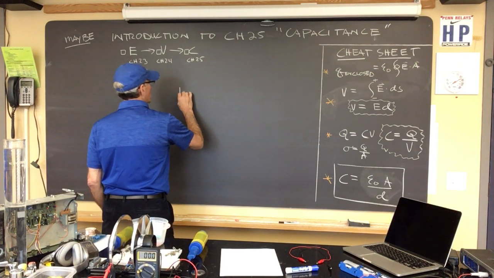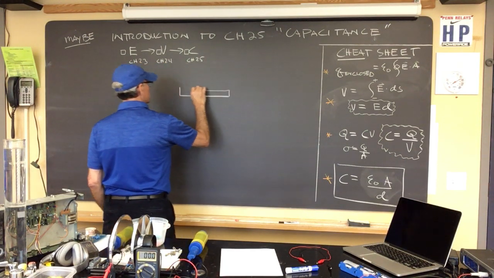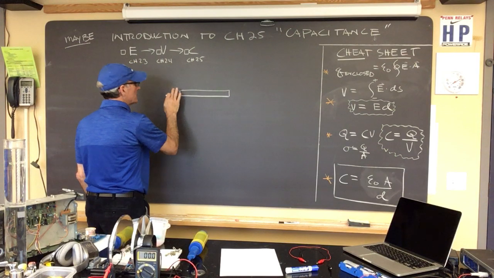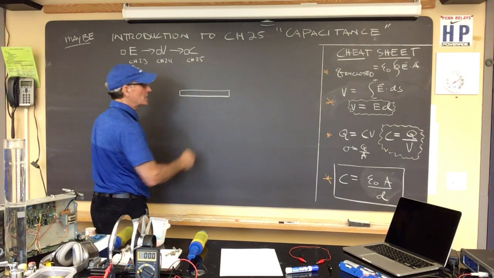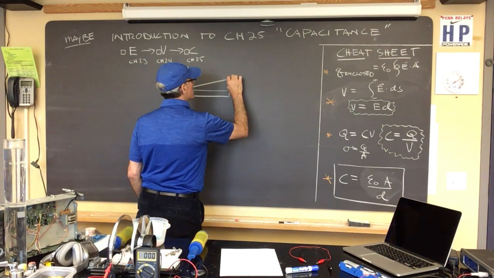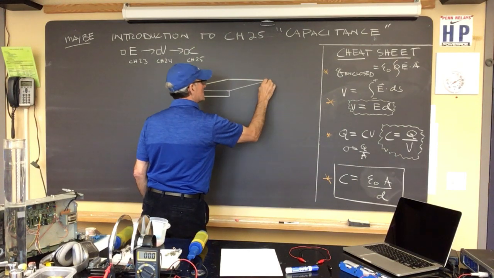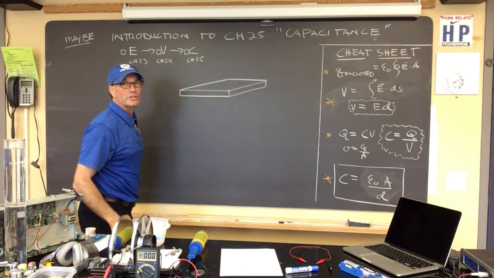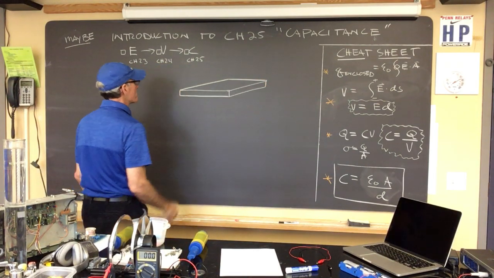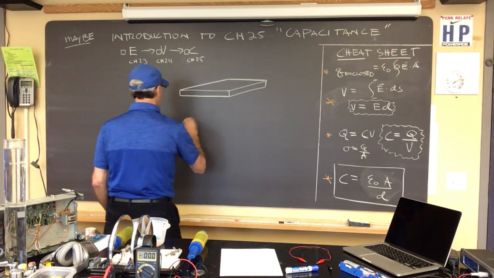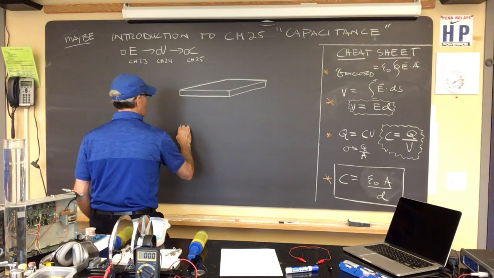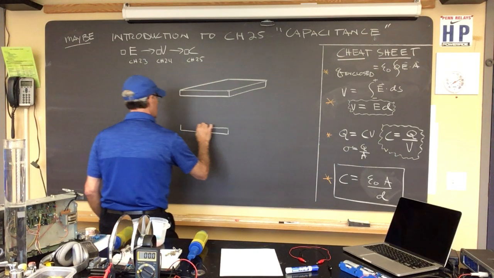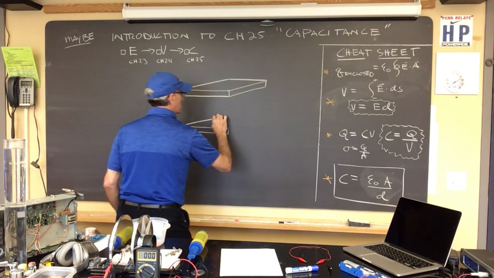So what I'm going to show here is an edge-on thin sheet. Let me give you a little three-dimensional look to it. I'll put the other capacitor plate in the drawing, just so that, you know, I stick with the plan.